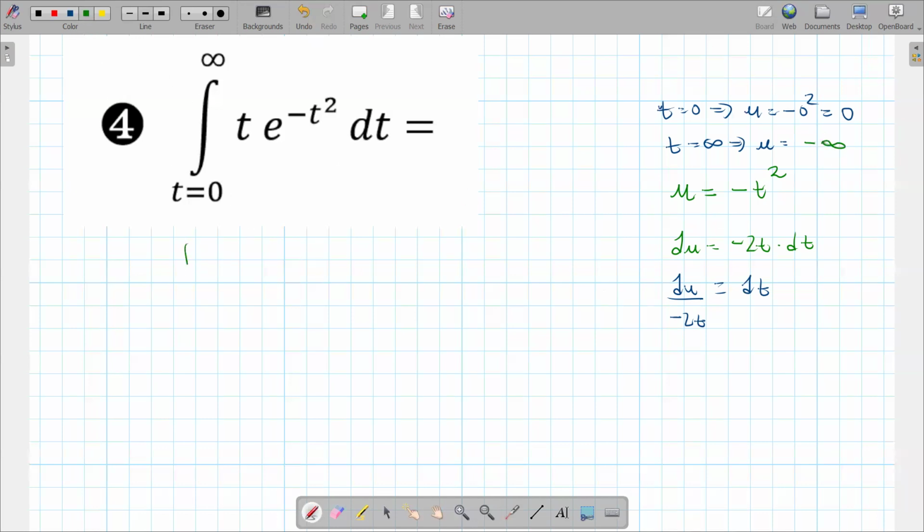Now we can replace everything. So u equals 0 to negative infinity. The t, we didn't touch that t. E to the u times du over negative 2t. All right, what's the first step?